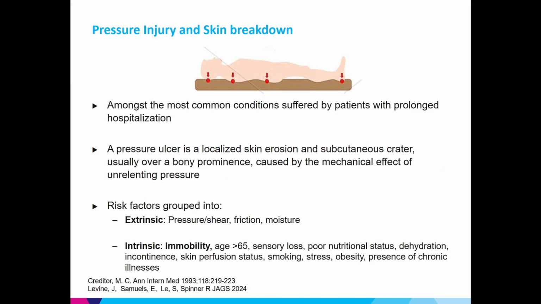Like all of our geriatric syndromes, we've grouped them into intrinsic and extrinsic risk factors. The extrinsic ones are typically the pressure of simply bed rest and the shear, friction, and often moisture for patients who are immobile. And intrinsic risk factors is that immobility and advanced age, poor nutrition, dehydration, and incontinence, which can lead to worsening skin injury.